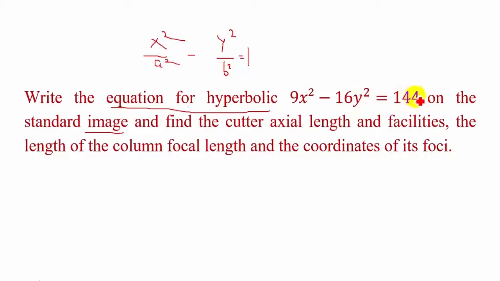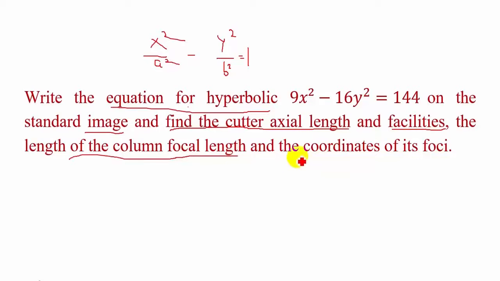So I will divide all that to change this one, and I will get a and b. So that is standard. And then I will get the cutter's axial length. I need the cutter axial length, I need the companion, and I need the length of the focal length, that means the latus rectum.